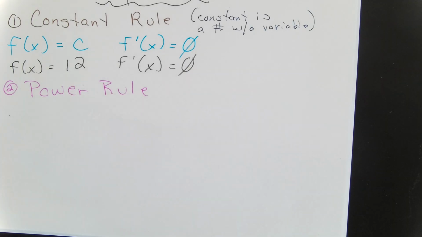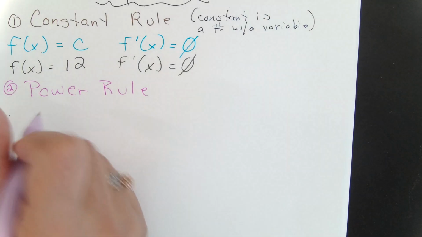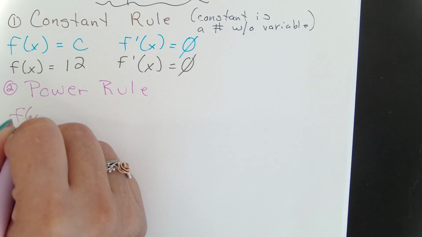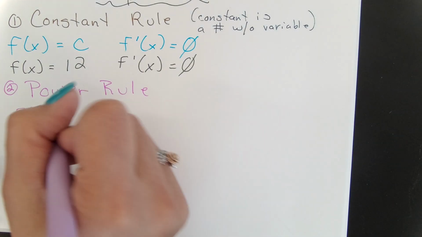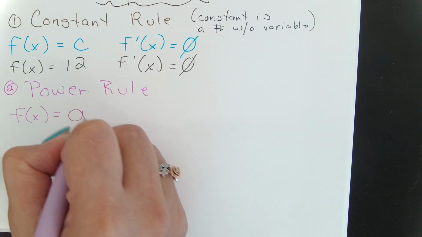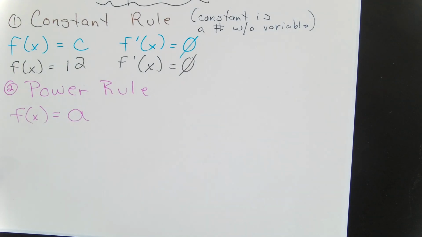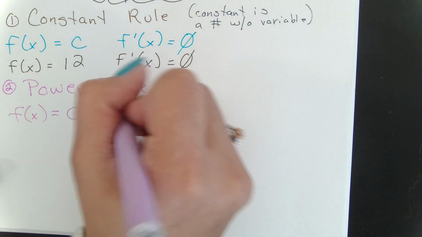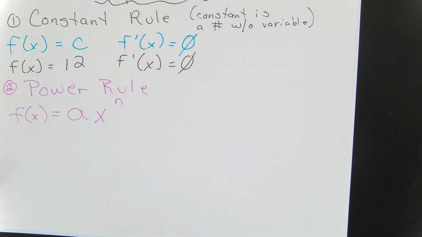The power rule says that if I have a function that has a coefficient and an exponent, that is an a. Does the n go with the x too? The n is the exponent of x, yes. Okay, let me write that so that you got it.